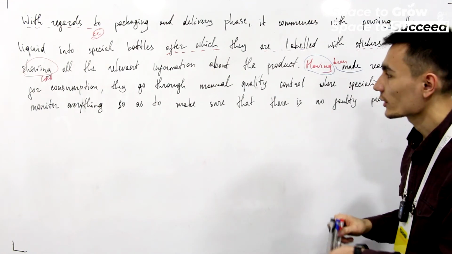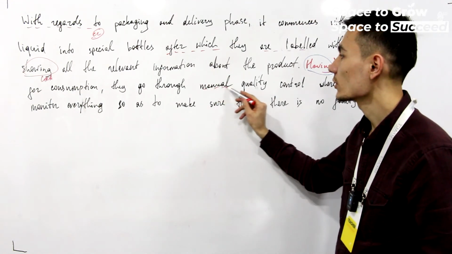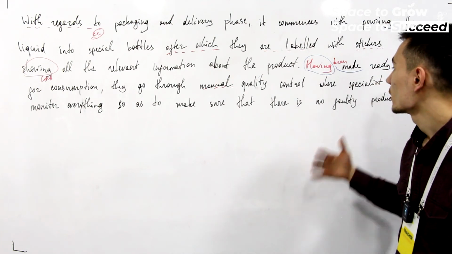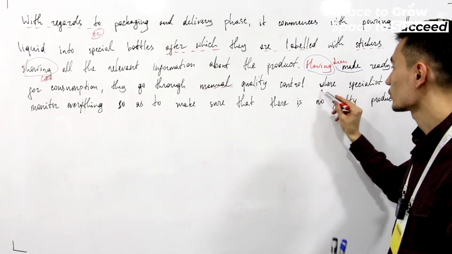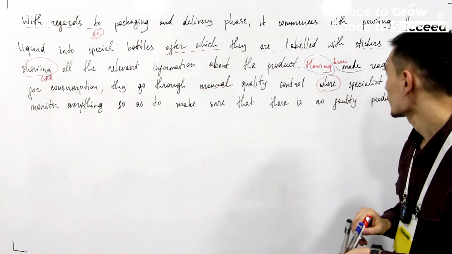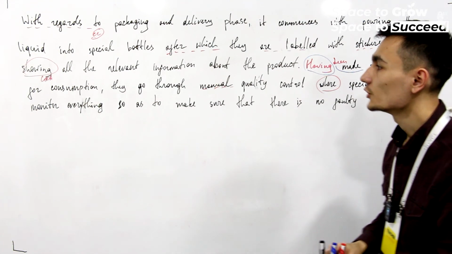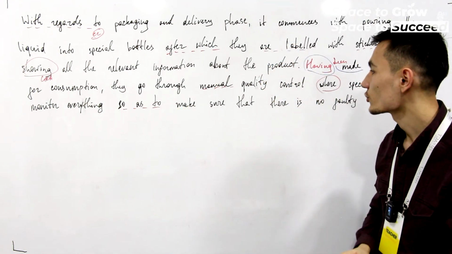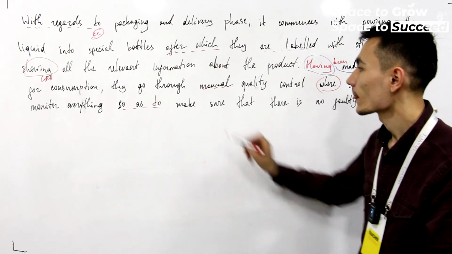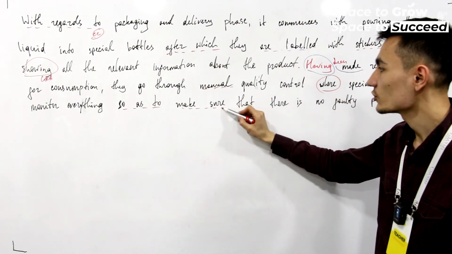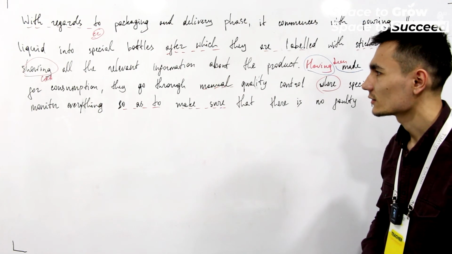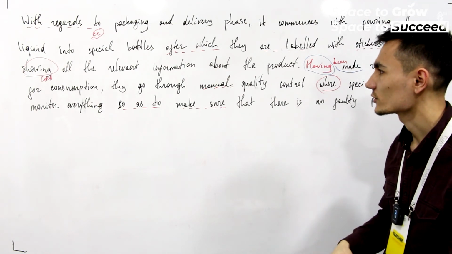So I'm just trying to add more information here. Manual. I'm just showing that there's a picture of a hand, where I'm just trying to use a relative clause here, where specialists monitor everything. So as to use also a good structure here in order to make sure that, there we have to change this structure with another word, because this is quite an informal structure.